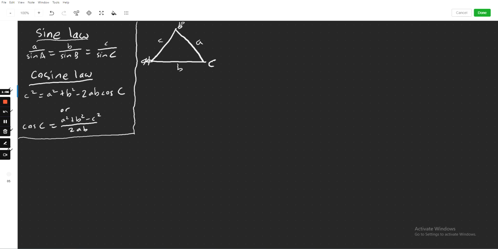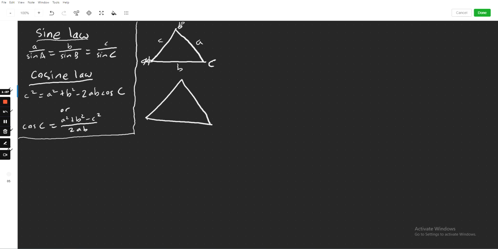Now when we're looking at cosine law, we use cosine law when we either have all three side lengths, or if we have two side lengths and the angle measure in between those two sides. So when we look at cosine law, it'll be like this.